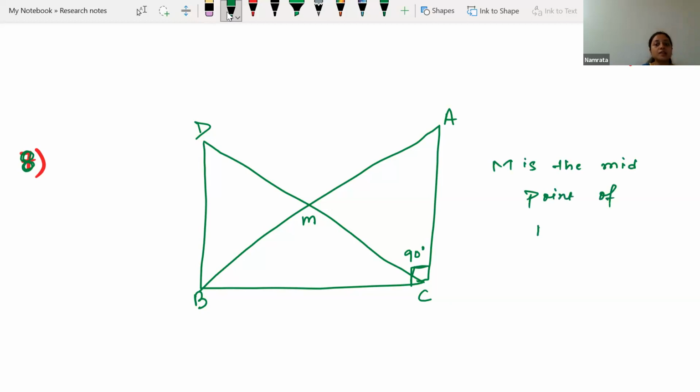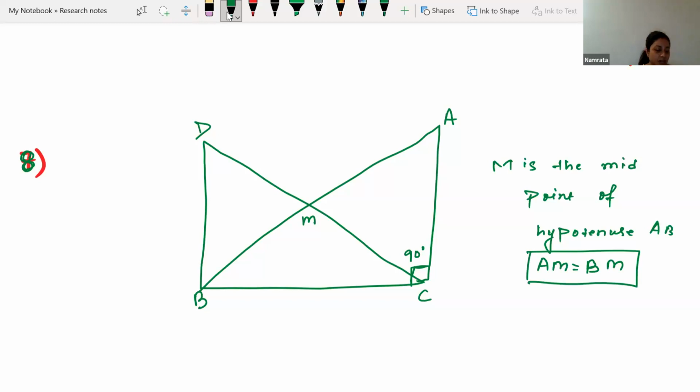That means AM must be equals to BM. It is not written, but if midpoint is said, then I can write this conclusion by myself. Now this also says that C is joined to M and produced to a point D such that DM is equals to CM.